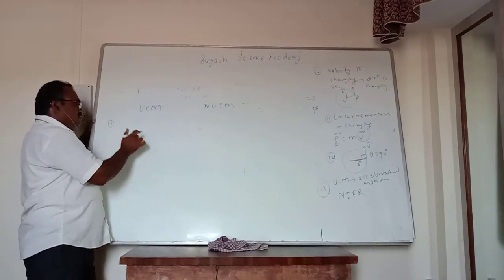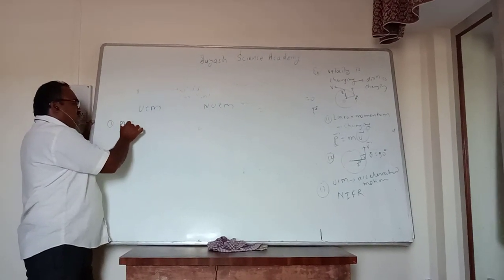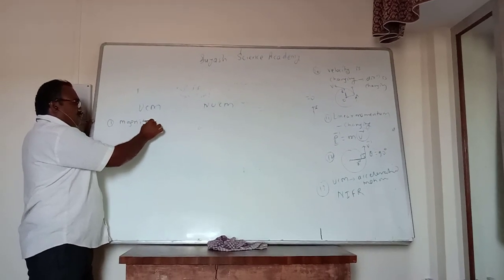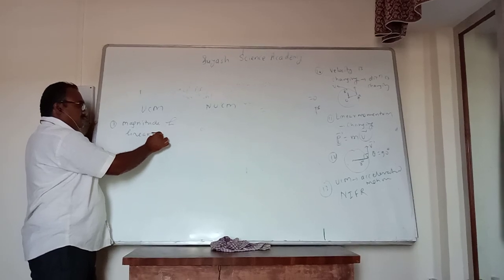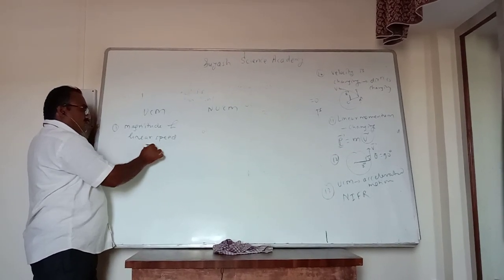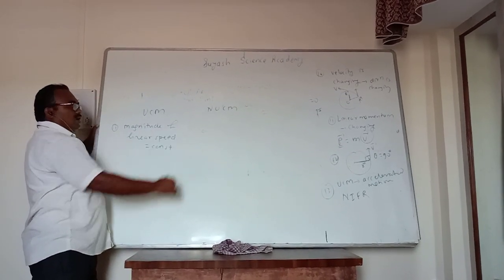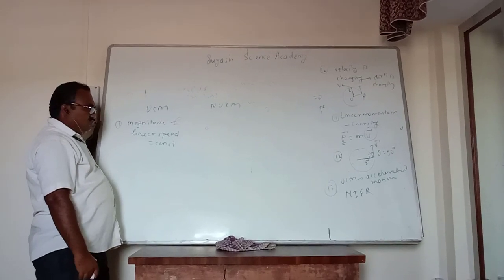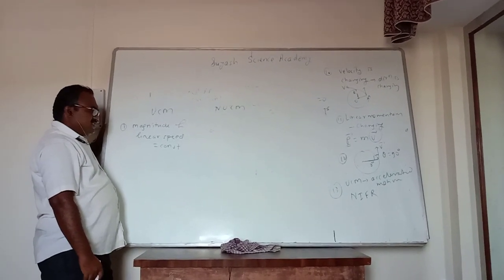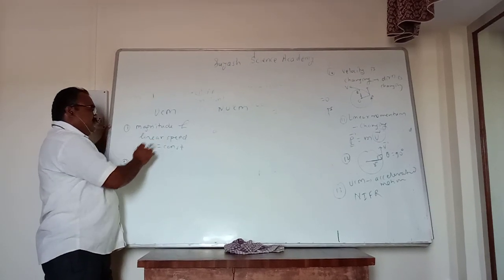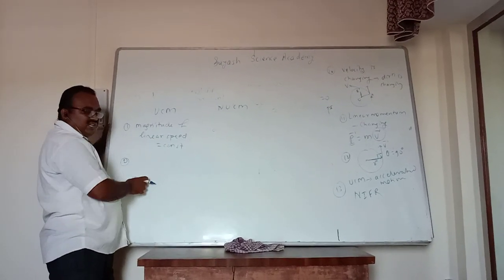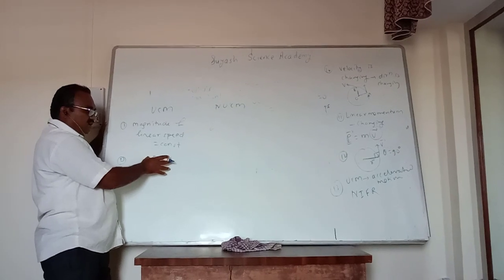In UCM, the magnitude of linear speed is constant. On the right hand side, for non-uniform circular motion, you can write that the magnitude of linear speed is changing. This change in speed is caused due to change in the centripetal or radial acceleration.